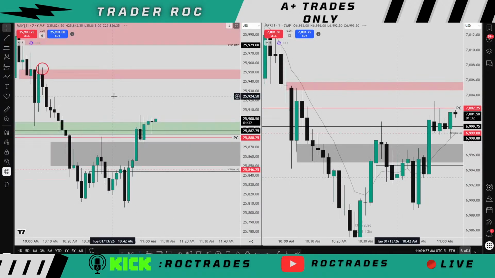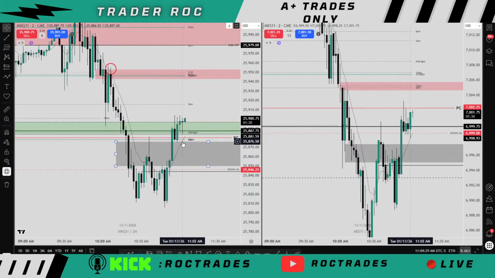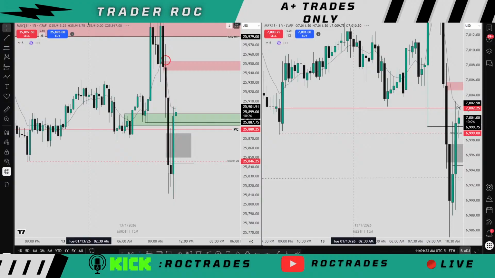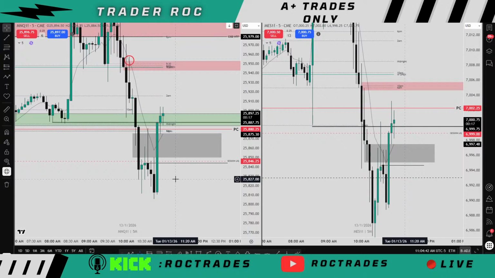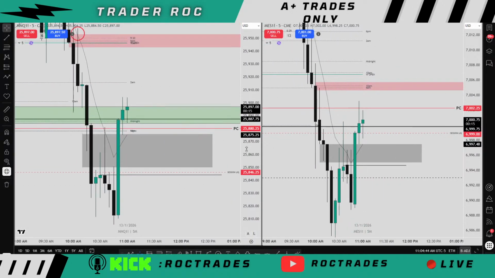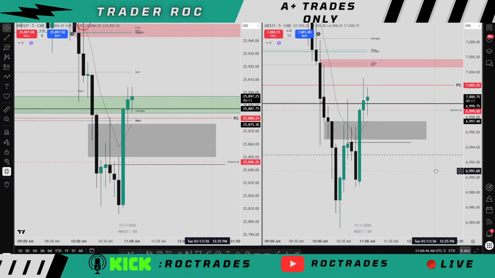That's why I'm looking on the lower time frame to see if there's any confluences to enter right now. Yeah, I'm gonna sit and just wait for a pullback here.